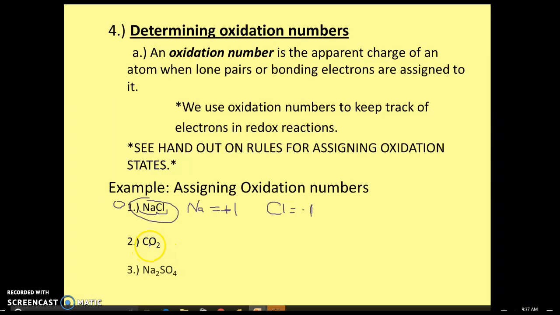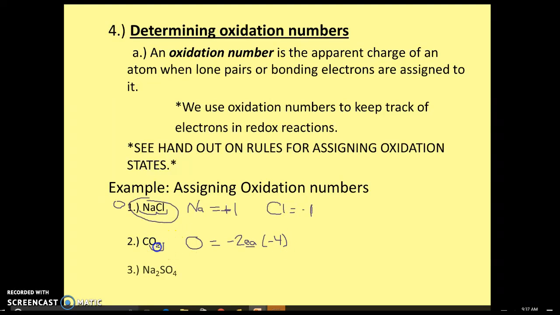Here then, also in number 3, we're going to start with oxygen. If you look at your rules, 3D says oxygen is -2 when it's in a compound. So each oxygen is going to be worth -2. If each oxygen is worth -2, that's a total of -4 charge.